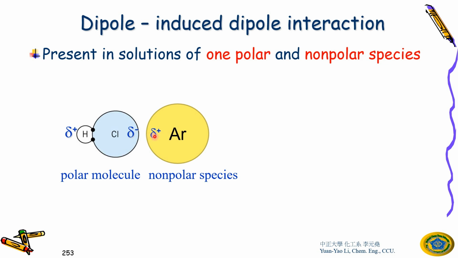This region will become positive, and this region will become negative. Okay, this is what we call induced dipole. So you have an electron-deficient zone, and you have an electron-rich region.